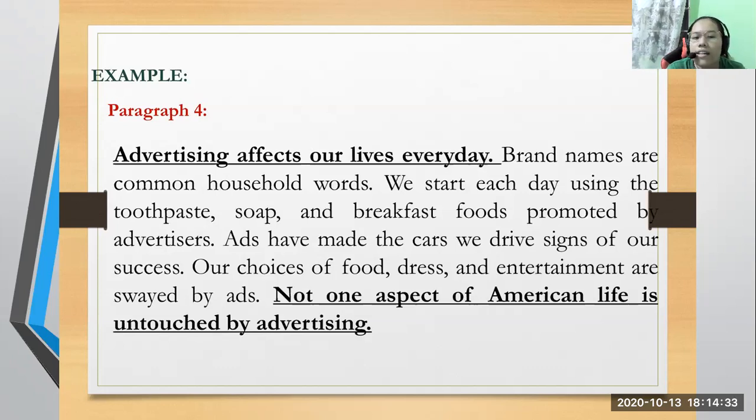And then, why is the last sentence also the main idea? Because it adds to the first sentence, which is advertising affects our lives every day. In what way? Because not one aspect of American life, actually we can change that, of Filipino life is untouched by advertising. What about the remaining sentences? All those sentences add details to the main idea.